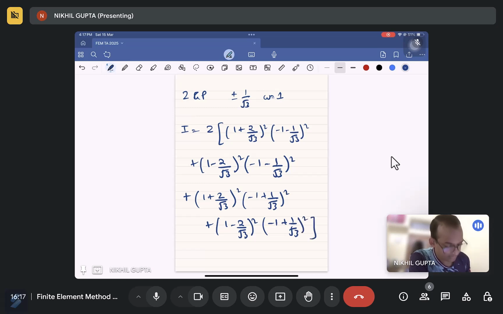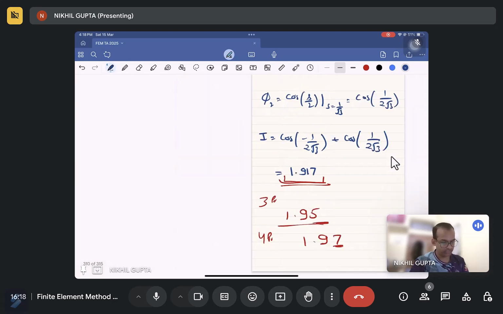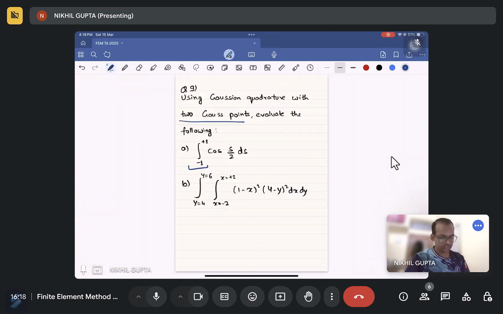Is this step clear? Yes. Okay, just putting the values. So when you solve it, it's 2 into 12.44, which will give you 24.88. So we have got the solution for this as well. These are the basic problems I have taken so that Gauss point quadrature is clear to you all.